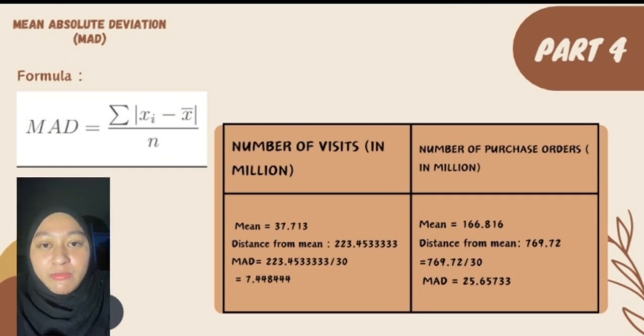Mean absolute deviation for number of visits is 7.4484, and number of purchase order is 25.6573. Mean absolute deviation for number of purchase order is higher than number of visits.